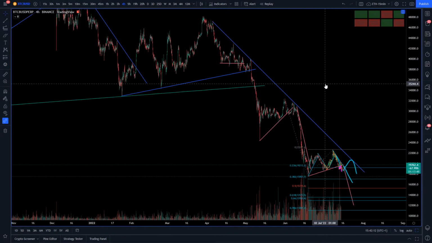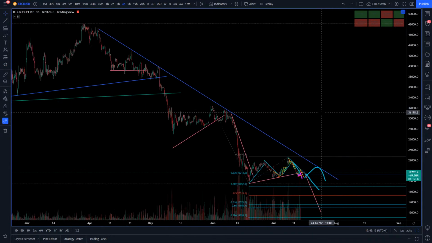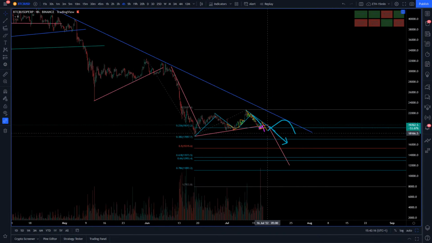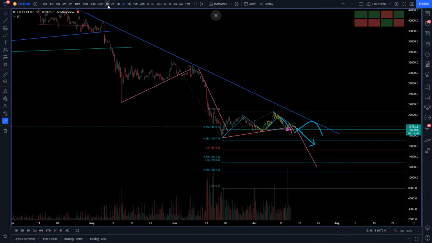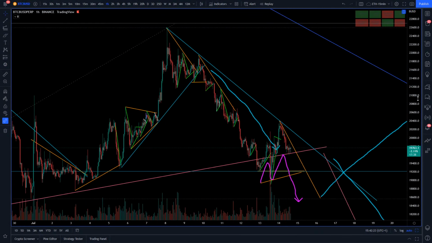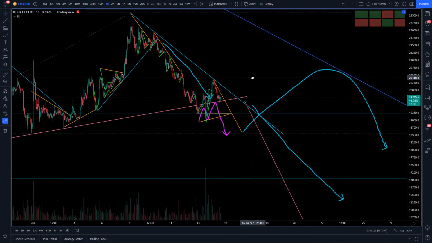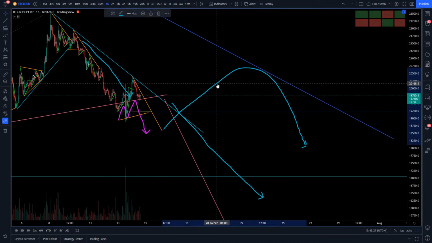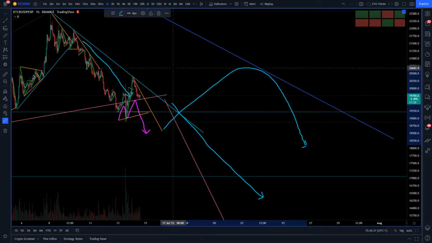So yeah, basically that's it. For higher time frame, it's going down, and for middle term, you call it. For middle term, what we are looking for is this. This is the middle term. Basically, in the coming week, what is going to happen? I can see right now what it is showing.